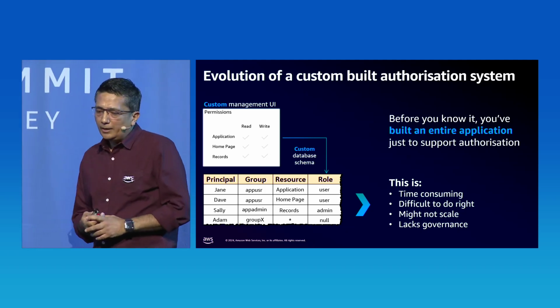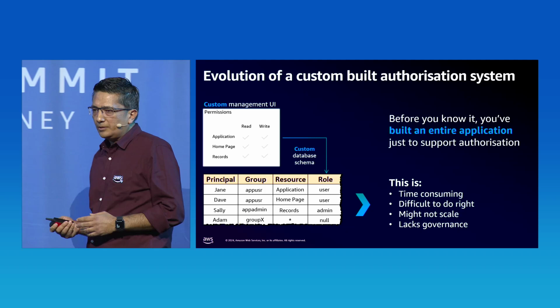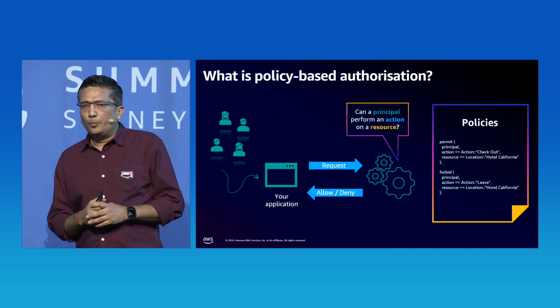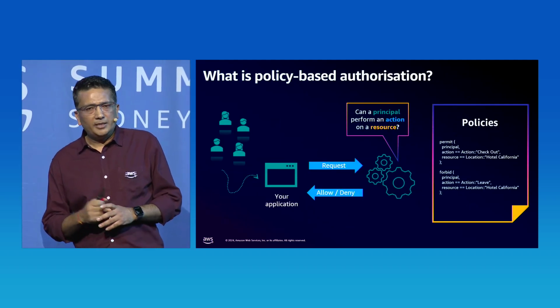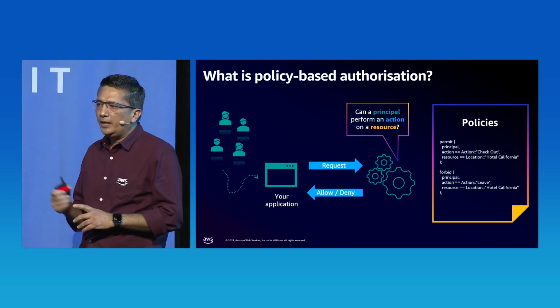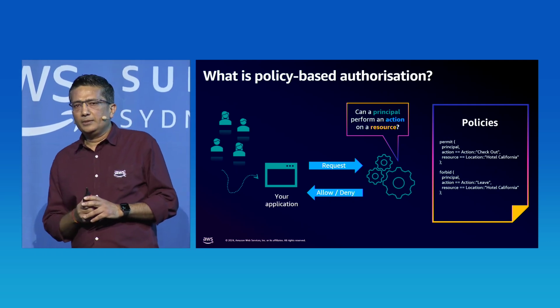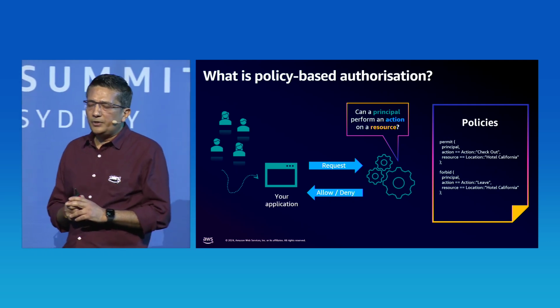So how do we improve on this? How do we define a better way of managing permissions? And the answer is policy-based authorization. This is not a new concept. With policy-based authorization, you define authorization as a set of actions that a verified principal can take on resources within your application.